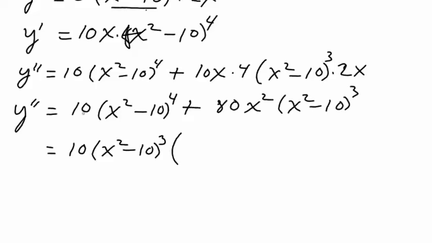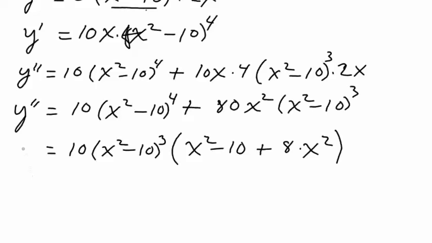Alright, so we factored out this 10. We pulled out 3. There's 4 there, so there's going to be 1 left. X squared minus 10. And then we pull a 10 out of 80. Like, can you pull a 10 out of 80? Yeah, sure you can. You're left with 8. And then, of course, we couldn't pull any of those out, so we have to leave that in there.